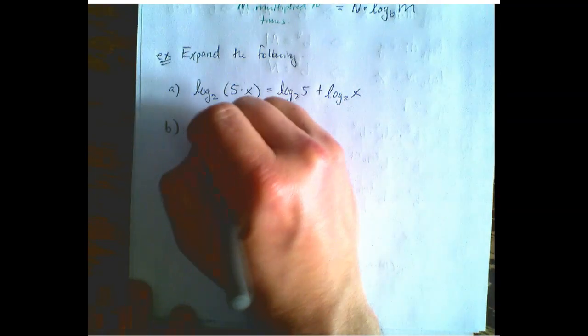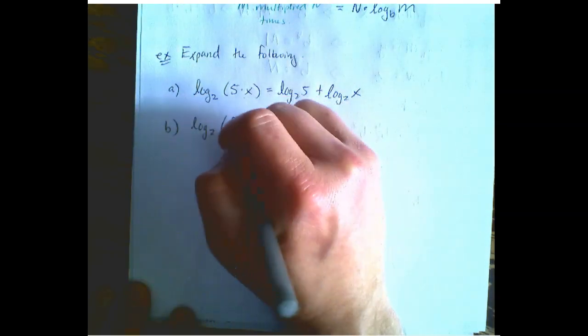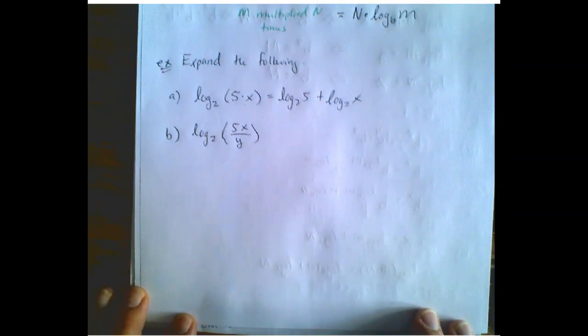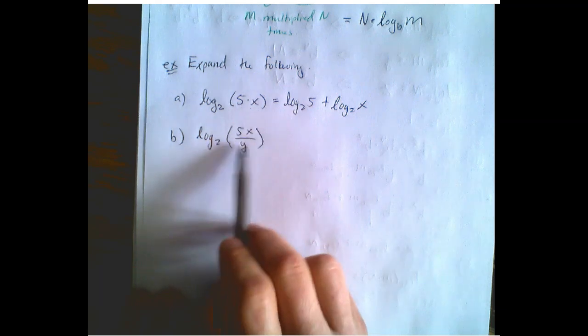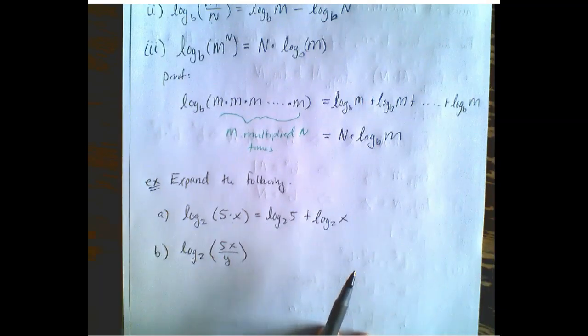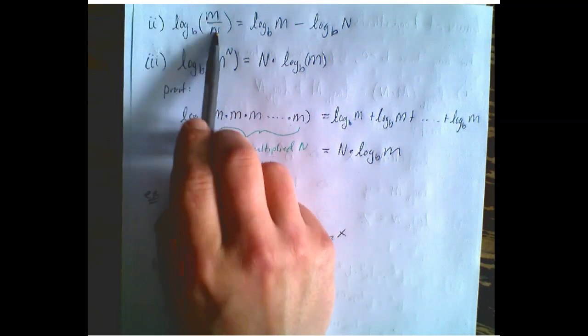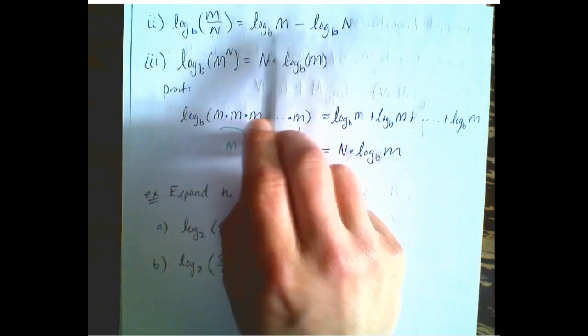Let's try this one. Log base 2 of 5x over y. Okay. So notice log base 2 of 5x over y, we can use the second property up at the top here first, to get that division as the subtraction of two logs.